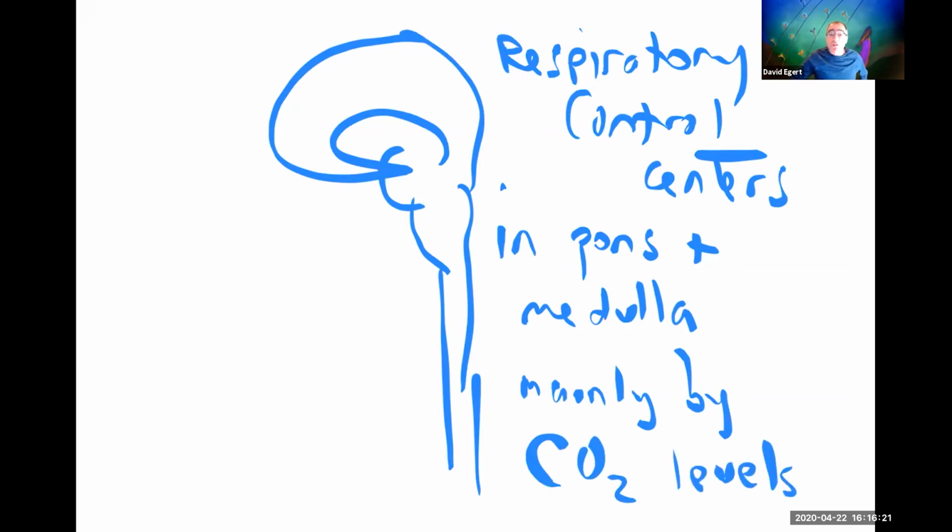Part of how that works is that the CSF does not have the same buffering that your blood has. So the acidity of the carbon dioxide is going to be changing pH, and the pH is going to be telling the medulla, oh, we need to ventilate more because carbon dioxide is building up.